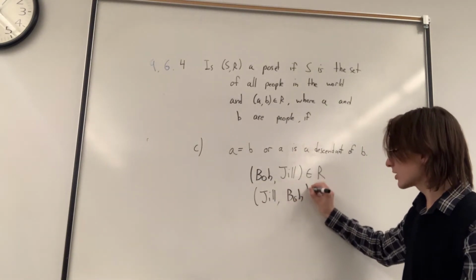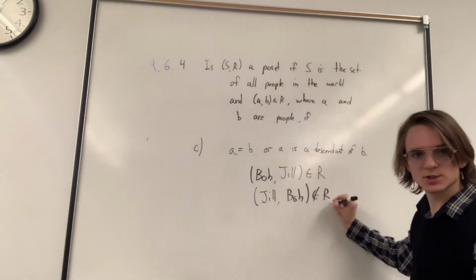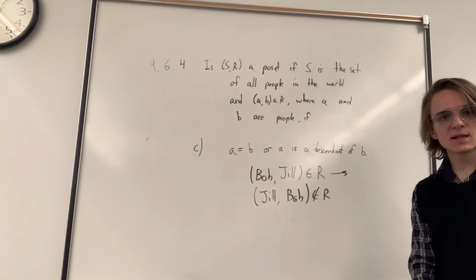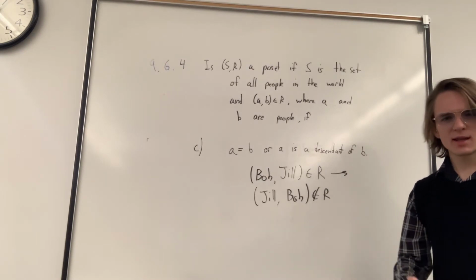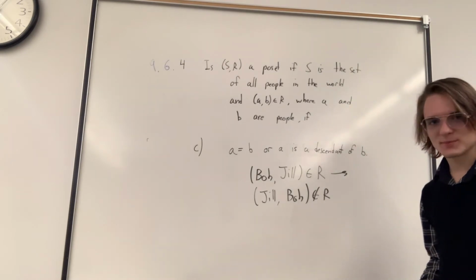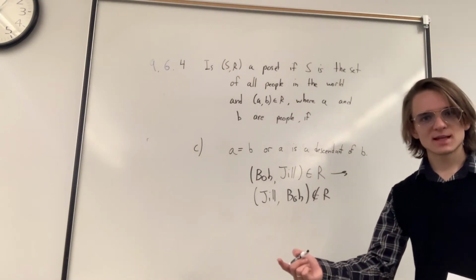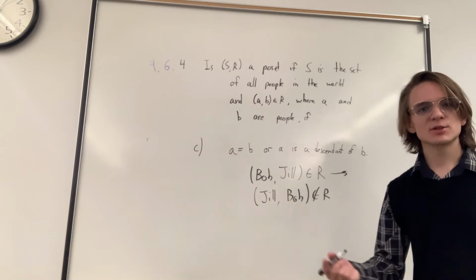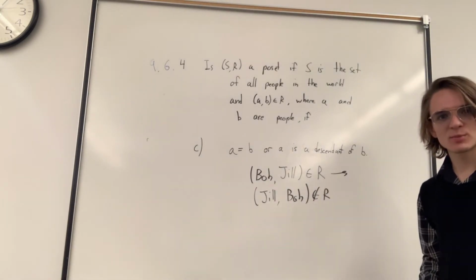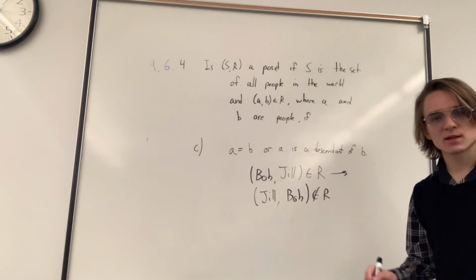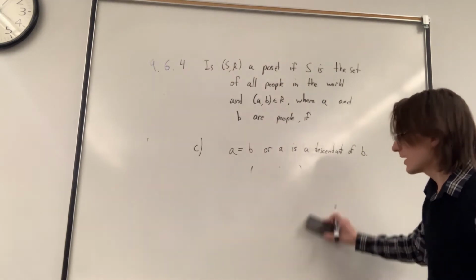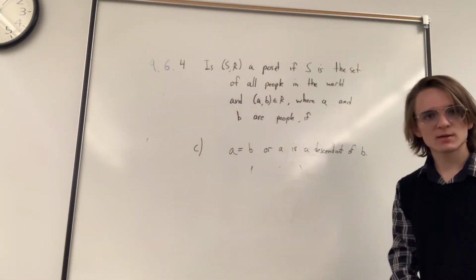That is to say, (Jill, Bob) is not in the relationship, right? Now, if Bob is a descendant of Jill, then Jill cannot be a descendant of Bob. I mean, they can be related, but they can't be descendants of each other, right? That's not how that works, so no, this relationship is not symmetric. It is in fact antisymmetric. So antisymmetry does hold as well.